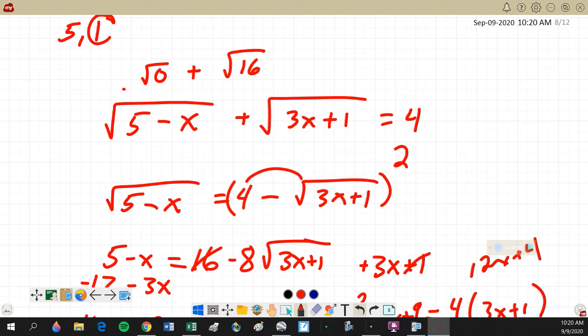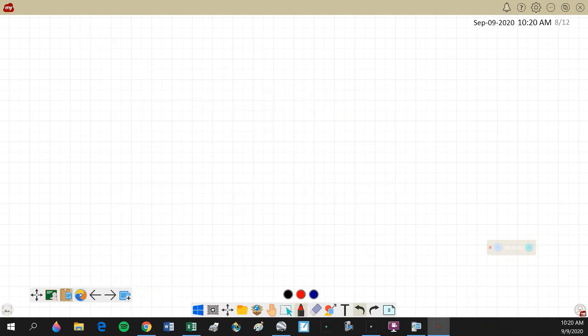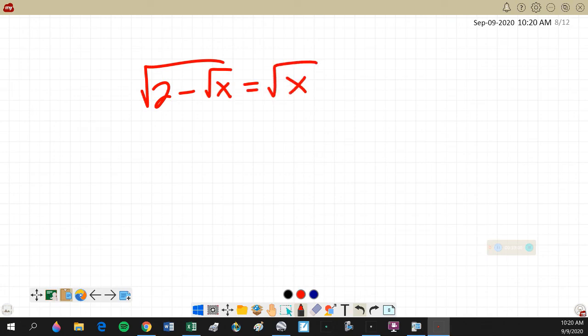The only other type would be like number 60, and it looks harder than it is. So the square root of 2 minus root x equals root x. What should we do?